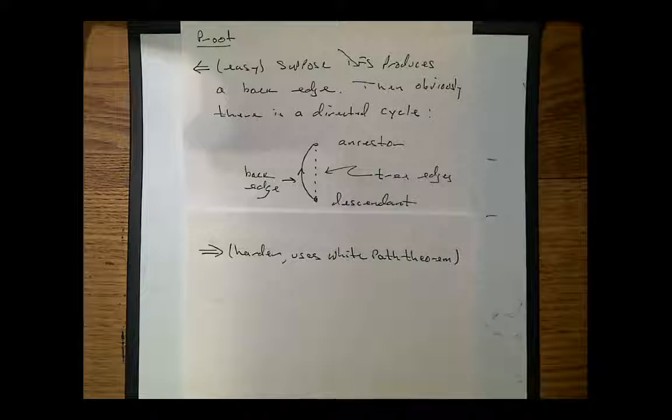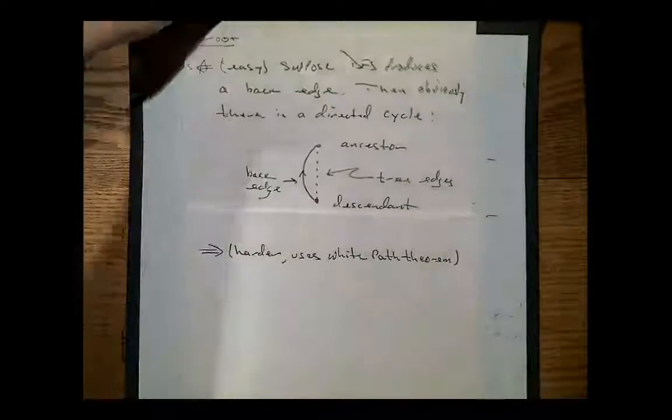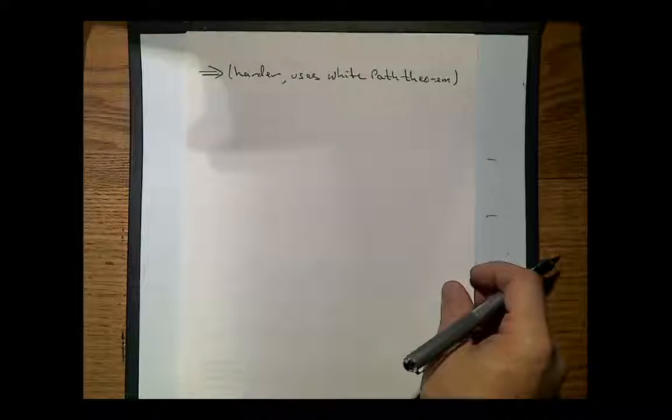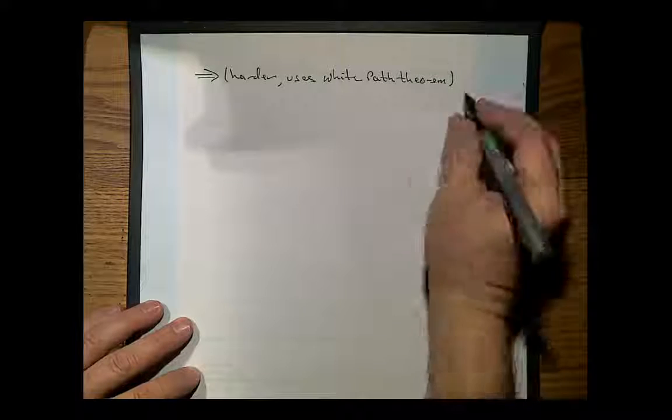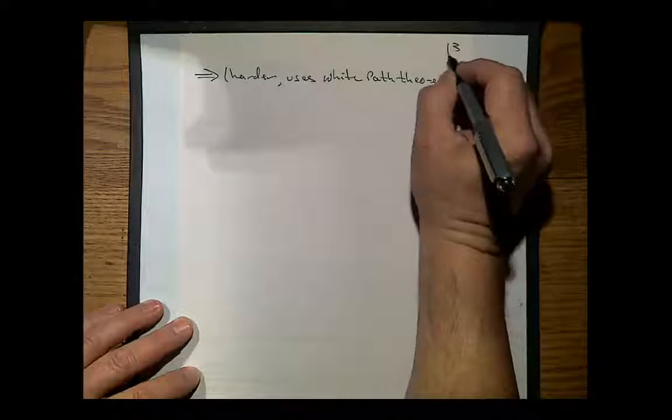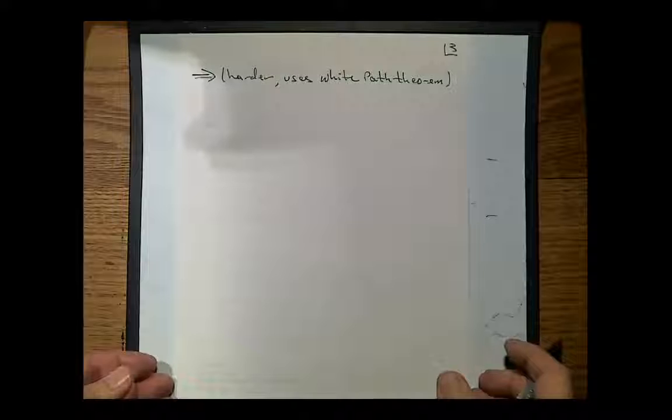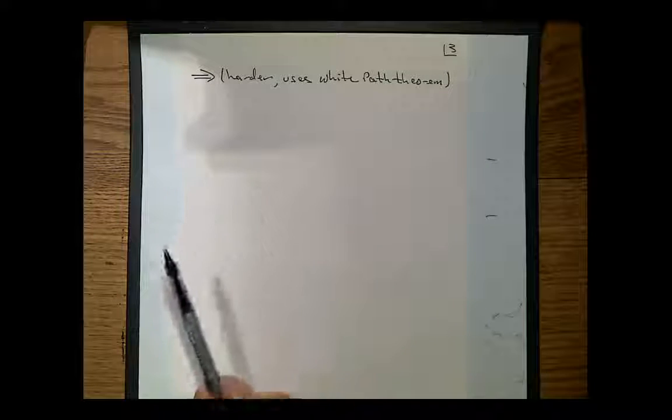Some of you have probably read this. I'm sure this is one of the problems I gave you on the review sheet, right? And I'm really just reciting. And probably the problem I gave you on the review sheet is this direction. That is, suppose the digraph contains a directed cycle. Show that DFS must produce a back edge.